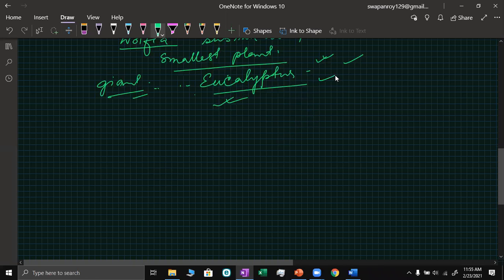Angiosperms, of course, have been divided into two groups based on the seed. Within the seed there is an embryo, and how many cotyledons are in the embryo? Angiosperm has been divided into monocotyledon and dicotyledon.